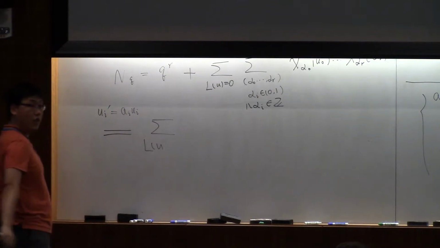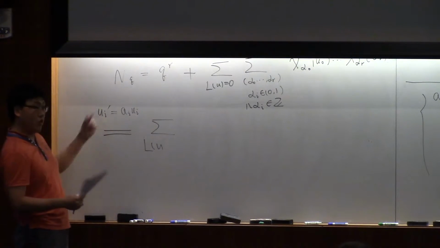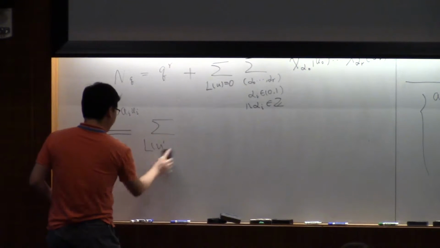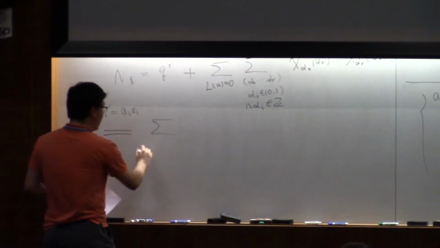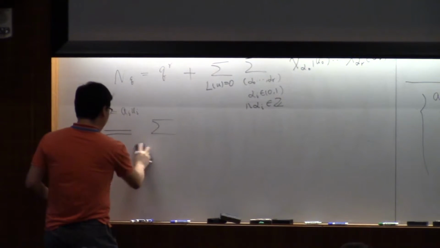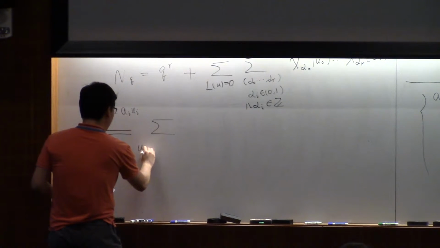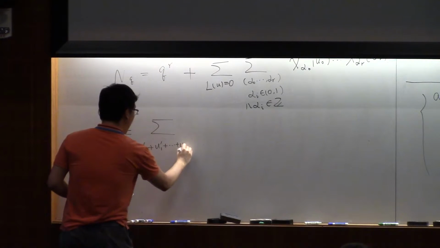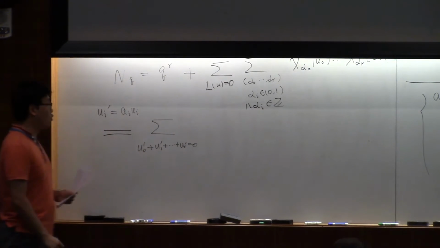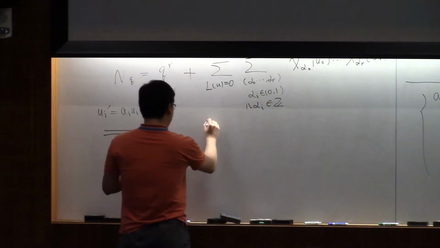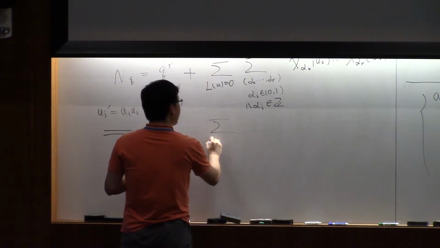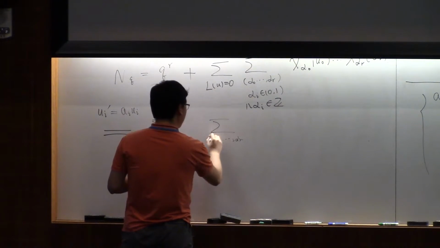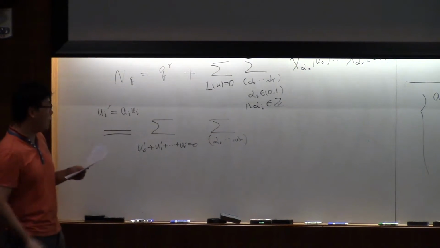If you do this change of variables, and then you take the summation with respect to these u_i's, this u_i prime should satisfy the relation u_0 prime plus u_1 prime plus up to u_r prime, the sum should be 0. And again, here we have the summation for these alphas.